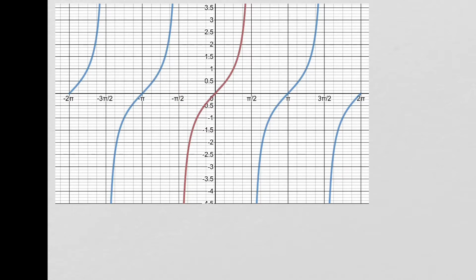And again, as a whole, this function is not one-to-one, because if I draw a horizontal line, it's going to intersect in many, many different places, in fact, an infinite number of places. However, if I restrict the domain to just be between negative pi over 2 and pi over 2, so just this red curve, then the tangent function is one-to-one and will have an inverse, right?